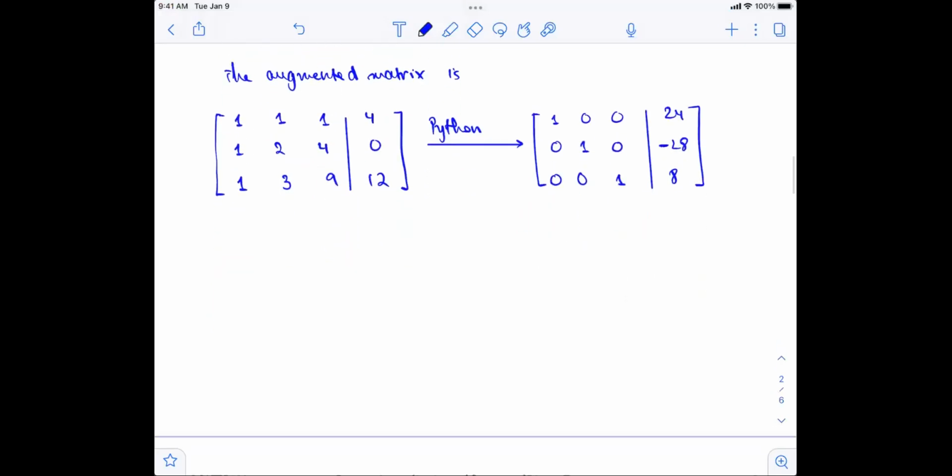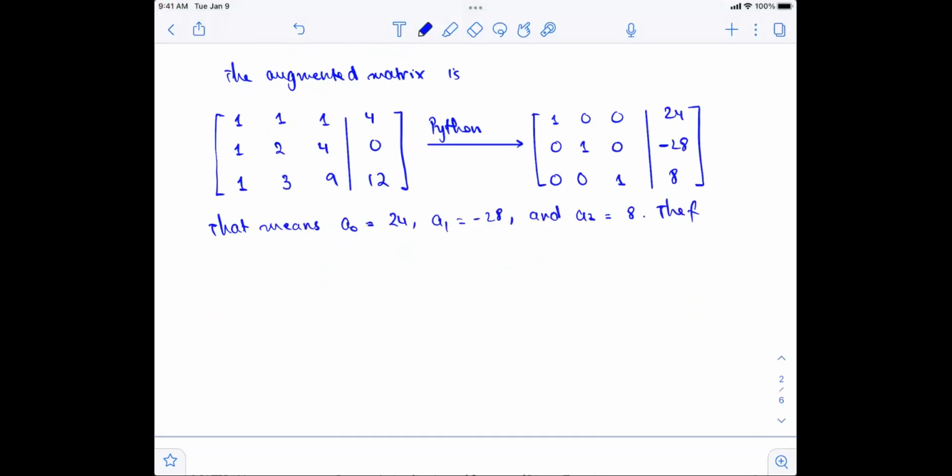Okay, so that means A0 is equal to 24, A1 is equal to negative 28, and A2 is equal to 8, right.